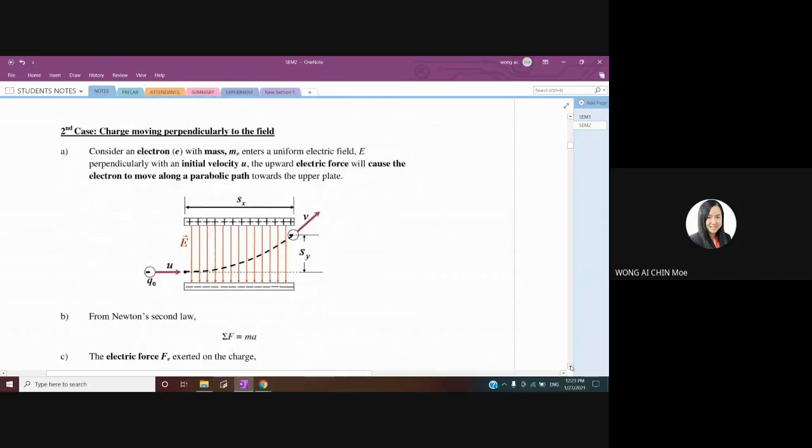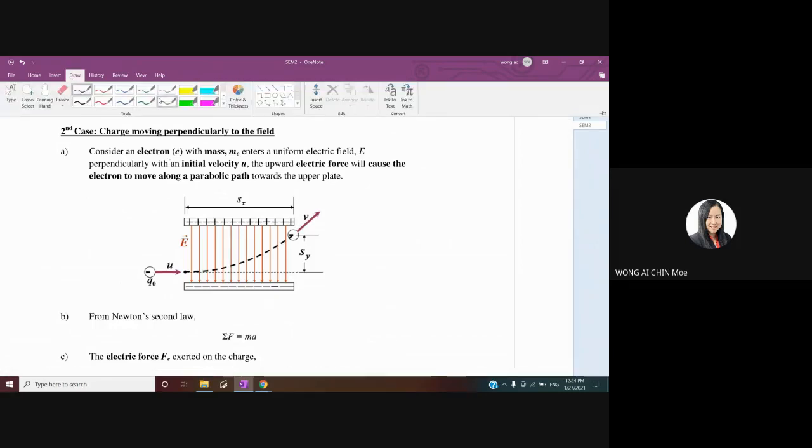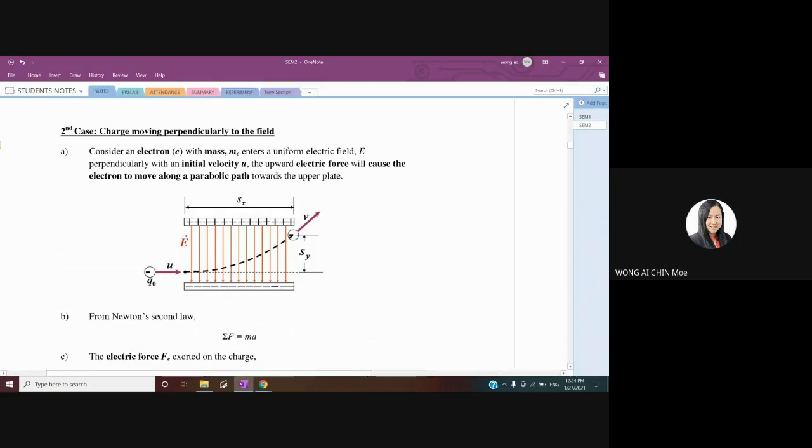Case number 2 is a charge moving perpendicular to the field. This case is actually a bit harder because it involves not only one dimension. Just now it was only one dimension, only the y component. But for a charge moving perpendicular to the field, it involves 2 dimensions.